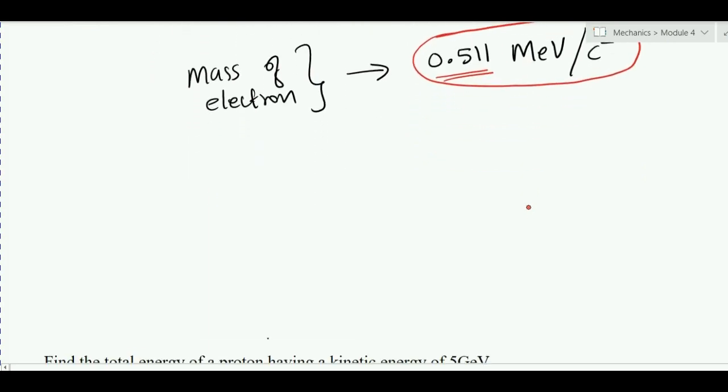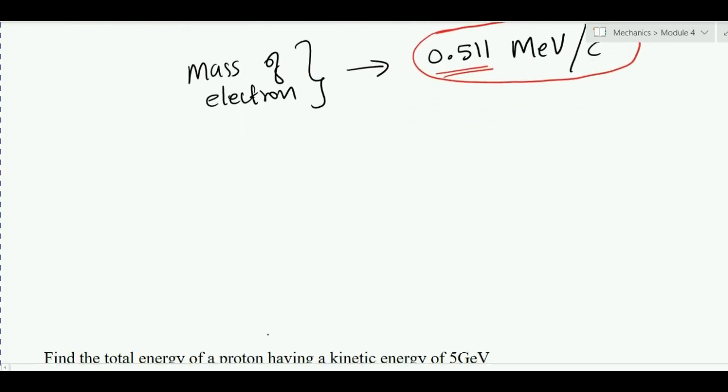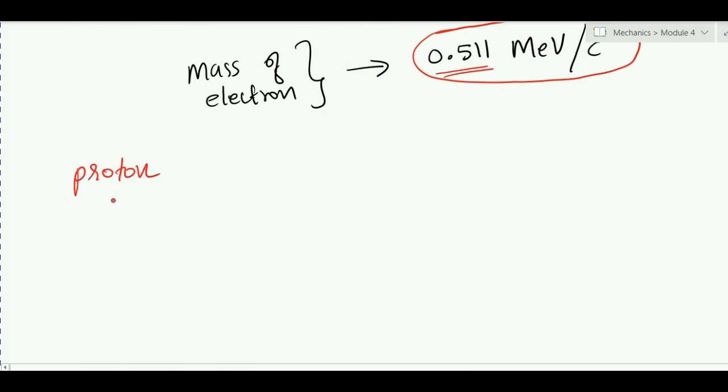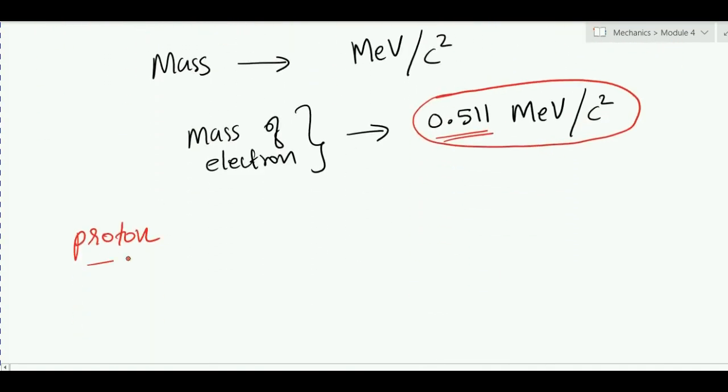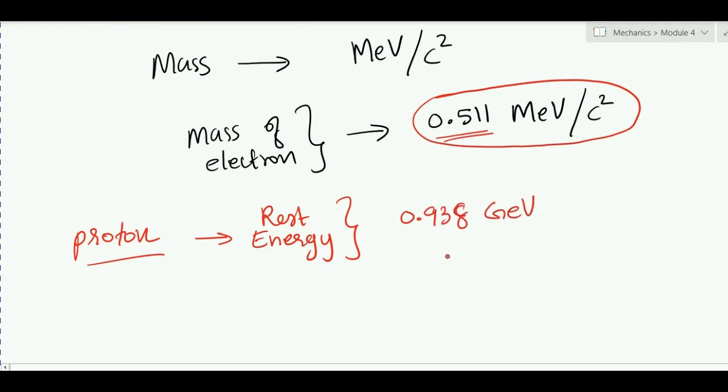Before that, in the case of a proton, it's also an elementary particle. So let's take proton now. In the case of proton, the rest energy is 0.938 GeV, giga electron volt.